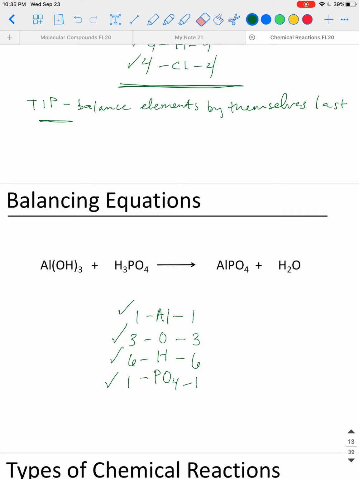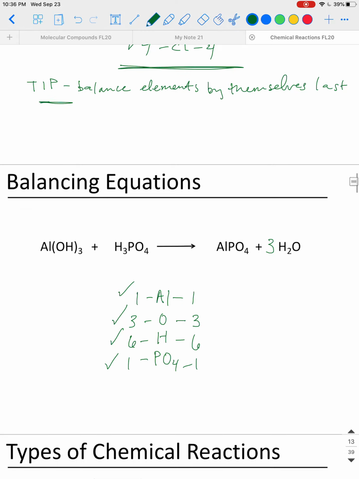Okay, so I double checked that I'm balanced. Oh, I just erased my coefficient. And am I reduced to my lowest whole number ratios for coefficients? Well, I have a 1, 1, 1, and 3, and I cannot simplify that any further. So yes, I am. And remember, you don't have to write the ones.